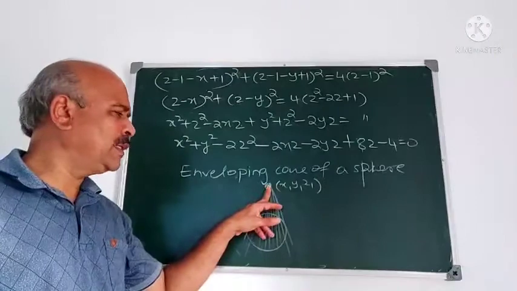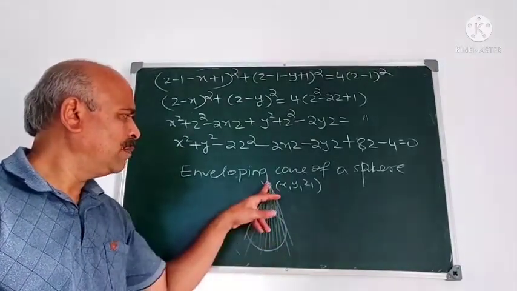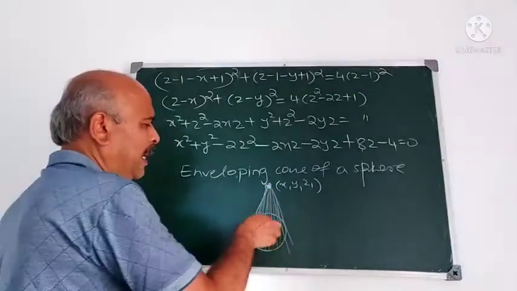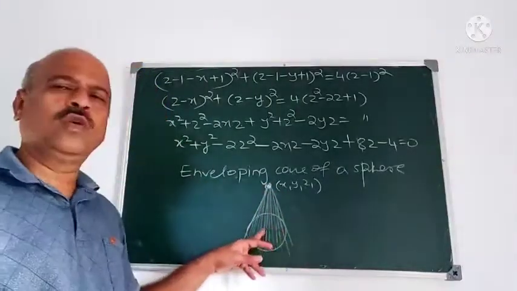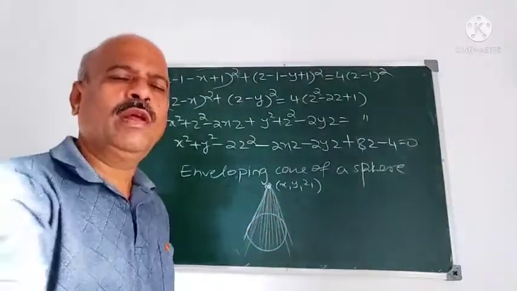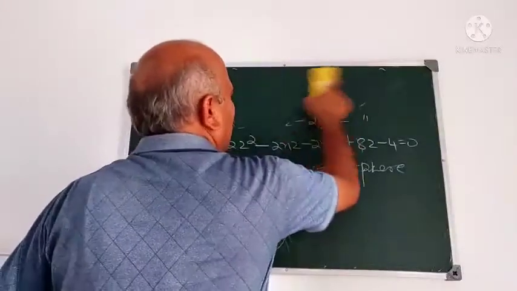Tangent from this point, and tangent means they just touch the sphere. They pass through this point and touch the sphere. These are the lines. And what do you get here? Can you realize it is a cone? This is a cone, and this is called the enveloping cone of a sphere.